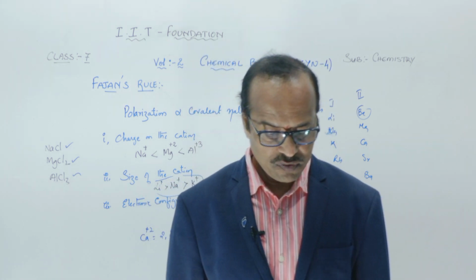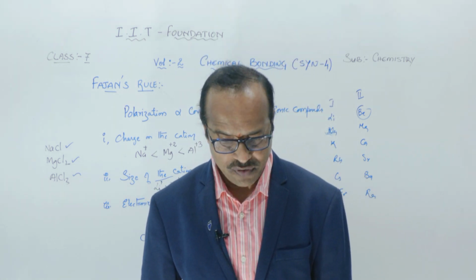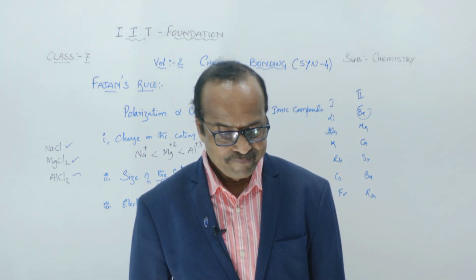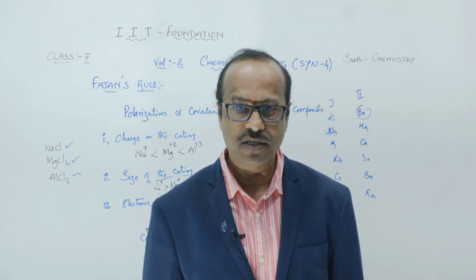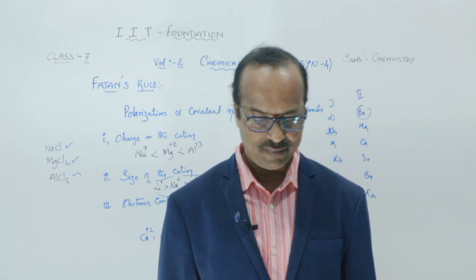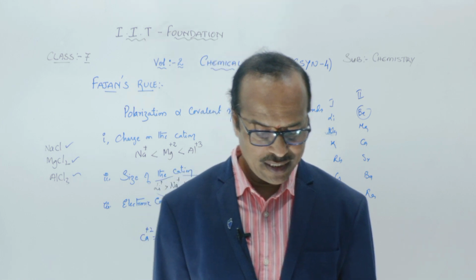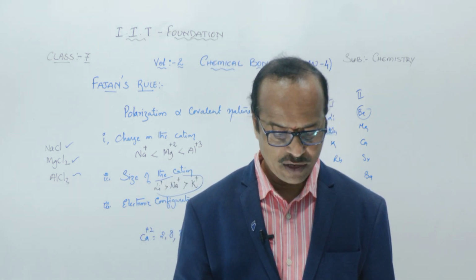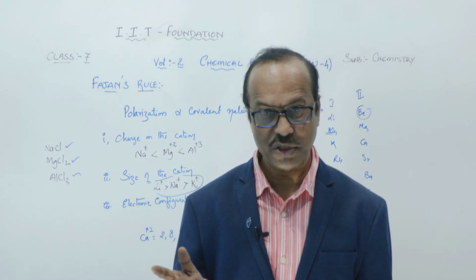Third, which of the following factors generally favors electrovalence? Here also, same: large cation and small anion. Next, covalent nature of the compound increases with decrease in cation size.